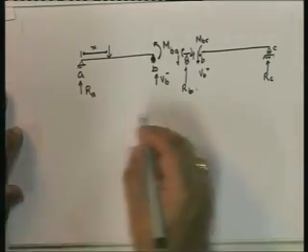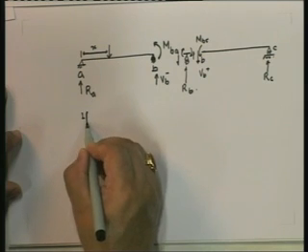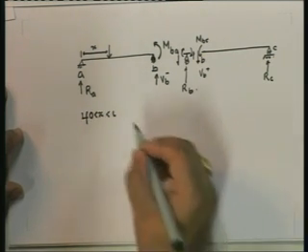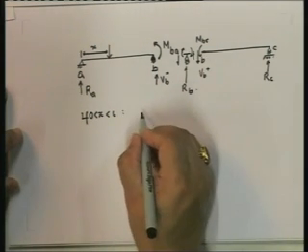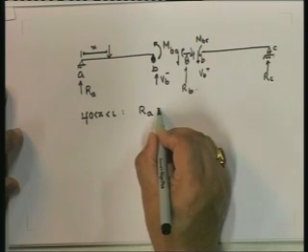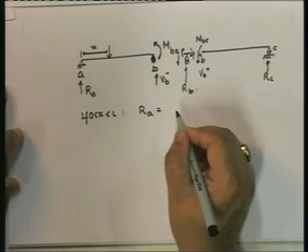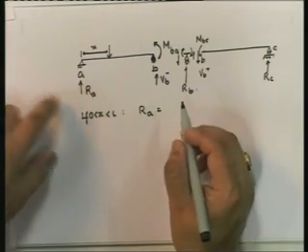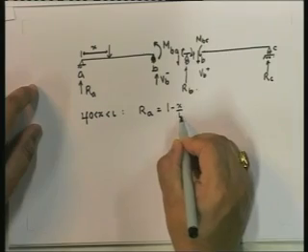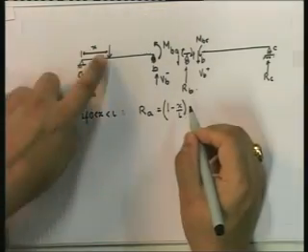We can find the expression for RA if x is between 0 and L. Then RA is equal to, one aspect of it is 1 minus x over L, directly from the load.